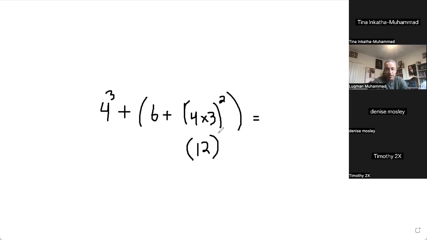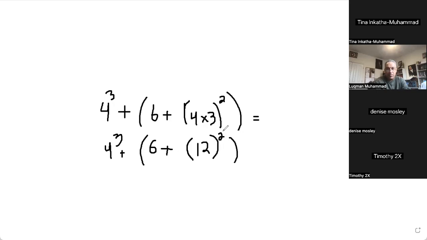Yes, sir. So I still put the square sign up here. And I still have the 6 and the plus. I have a question. Shoot. You already solved the 4 times 3. So why do you still have to put the 12 in a parentheses?